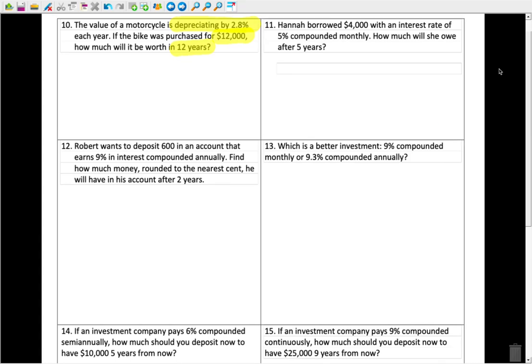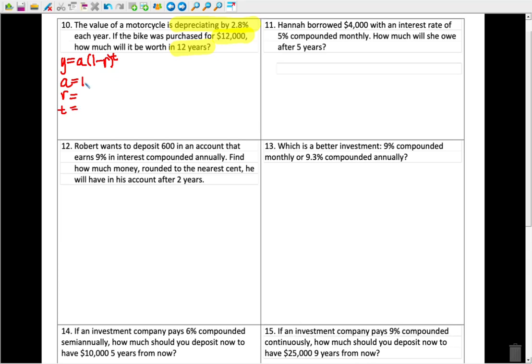Depreciating tells me we're looking for a decay formula, and the decay formula is y equals the amount of the total initial price, times 1 minus the rate as a decimal, raised to the power of your time. Again, I just want to set you up with the values, and then you can go back and write the formula out and solve.